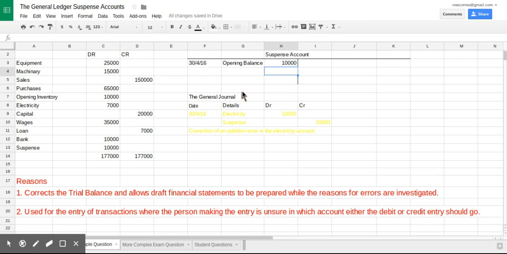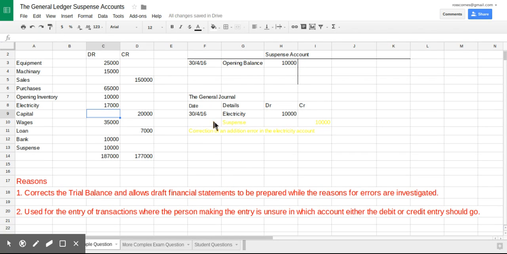So therefore, what we need to do is we need to debit the electricity account with 10,000. Okay, so that means that the electricity now is 17,000 because we've increased it. Okay, but at the moment, we've still got the suspense account open.